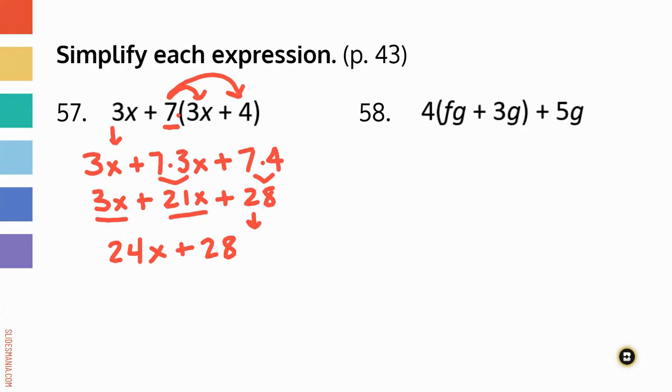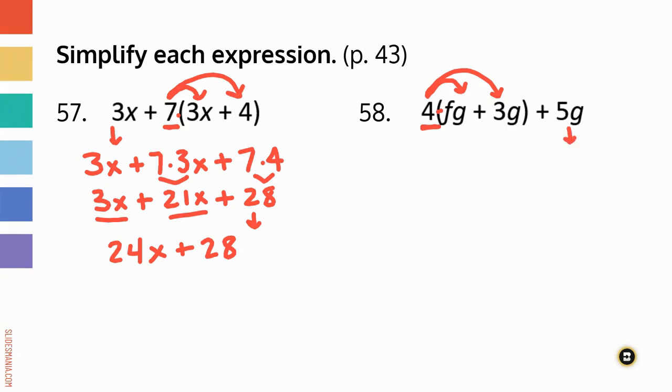Okay, 58. So again, we have to distribute first. So we're going to take the number that's directly attached to the parentheses. So that's the 4. And we're going to distribute inside the parentheses, not outside, just inside. So 4 times FG, and then 4 times 3G, and then this plus 5G will just come down.